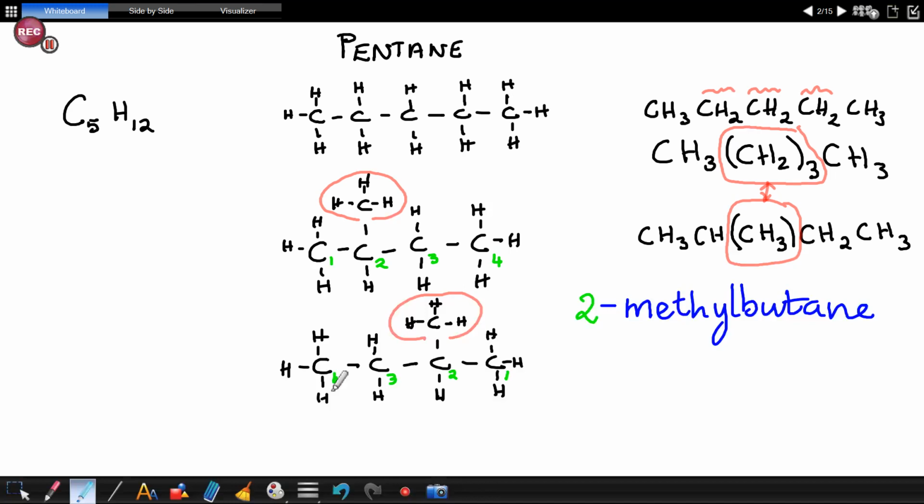So when you're counting, you count from where it's closest? Yes, you count so that the methyl group will be on the lowest numbered carbon.